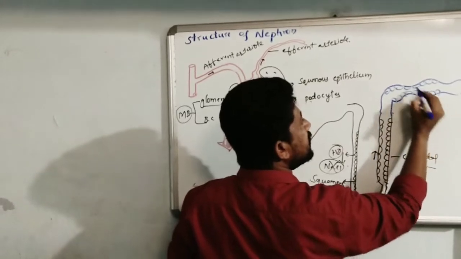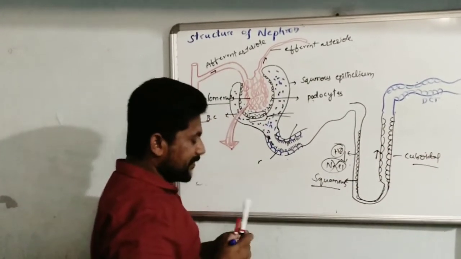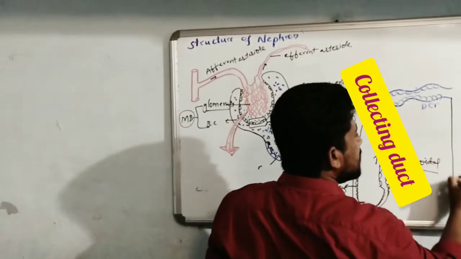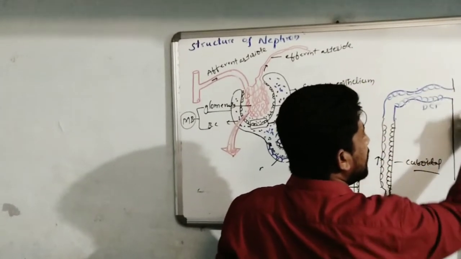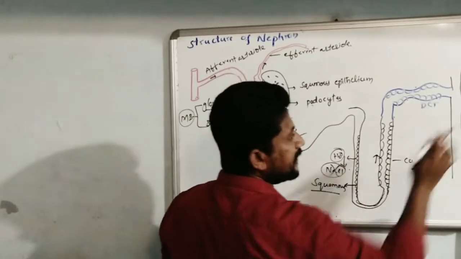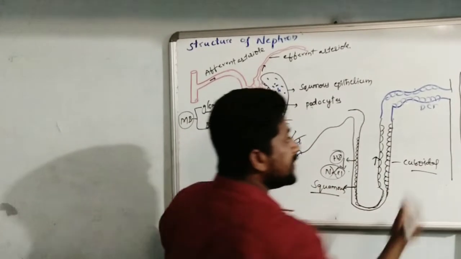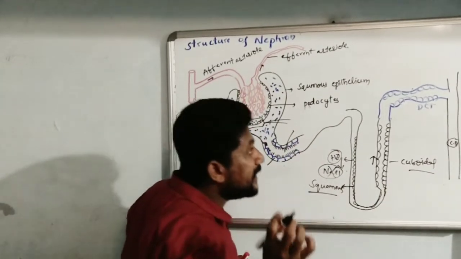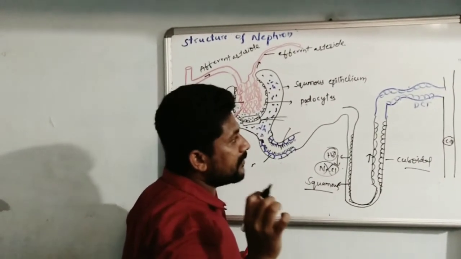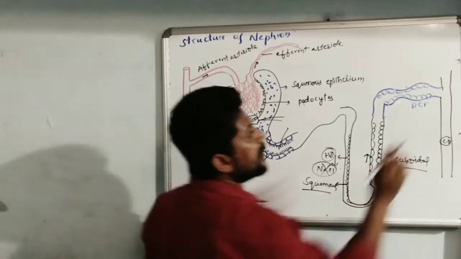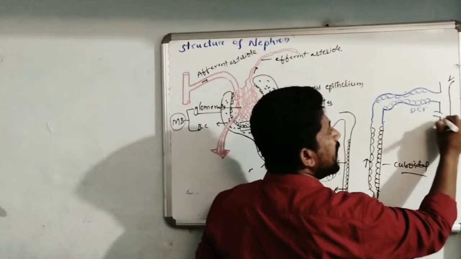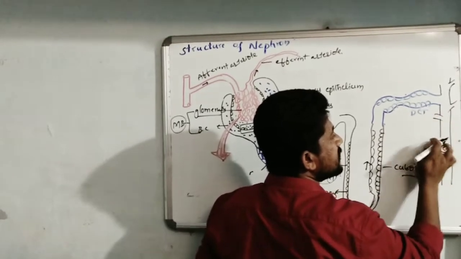Finally the DCT opens into the collecting duct. This collecting duct receives the filtrate, or primary urine, from 8 adjacent nephrons.